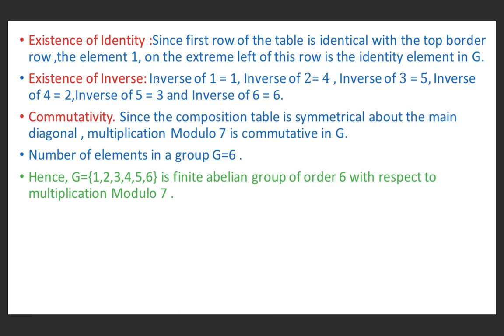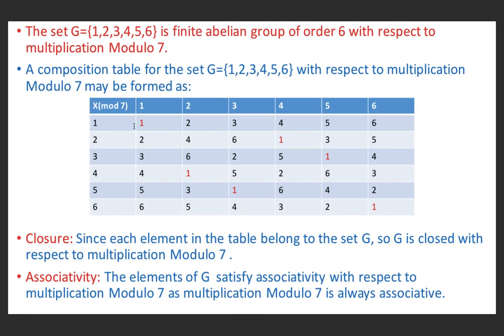For the existence of inverse, we have discussed that the inverse of 1 is 1, the inverse of 2 is 4, the inverse of 3 is 5, the inverse of 4 is 2, the inverse of 5 is 3, and the inverse of 6 is 6.